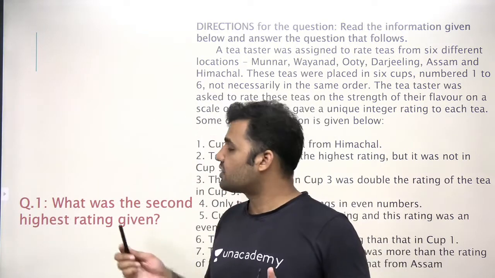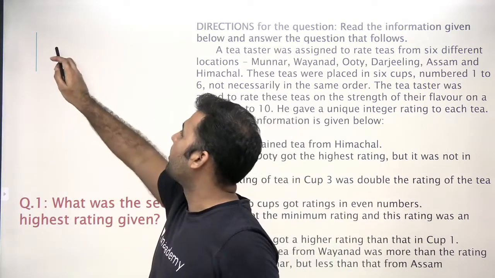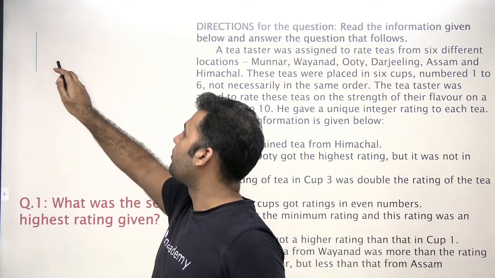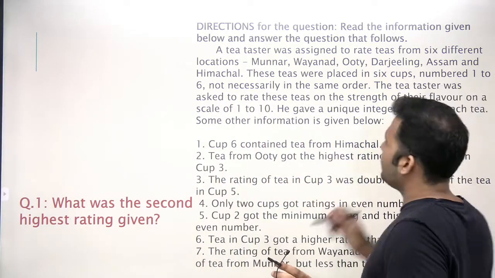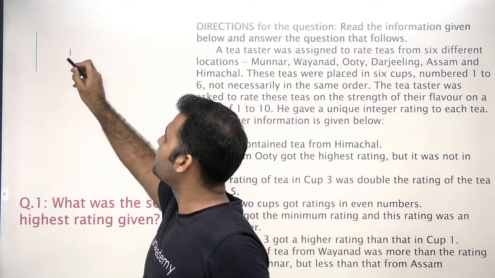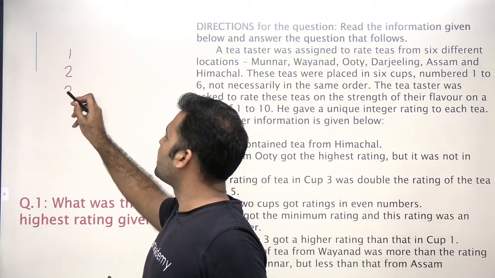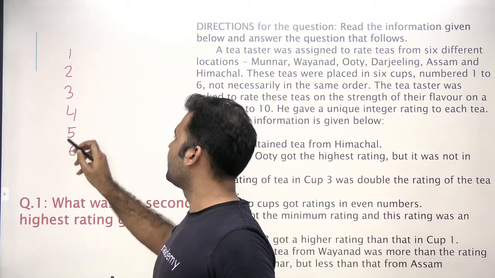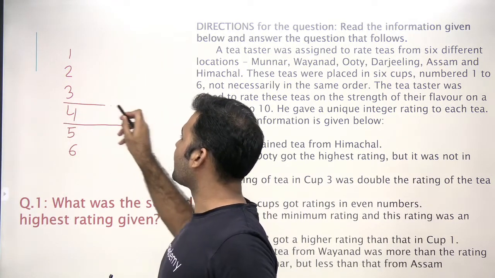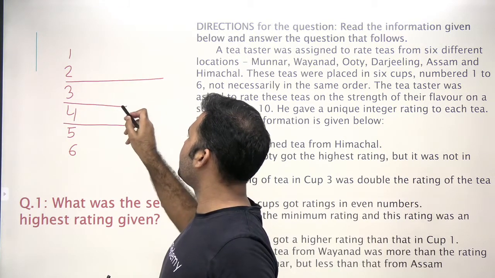So you straight away start with writing down the cup number. In the first column, you write down all the cup names: 1, 2, 3, 4, 5, and 6. And then we will finally organize this complete information.